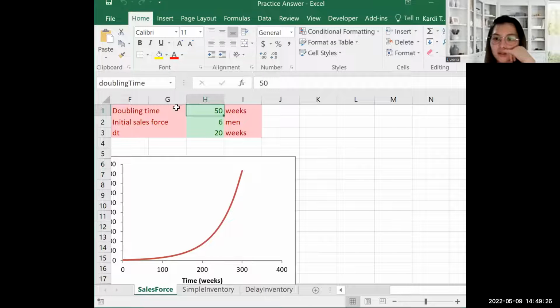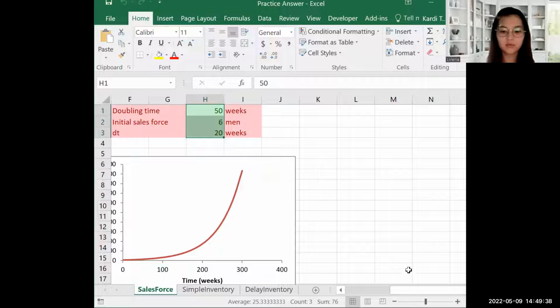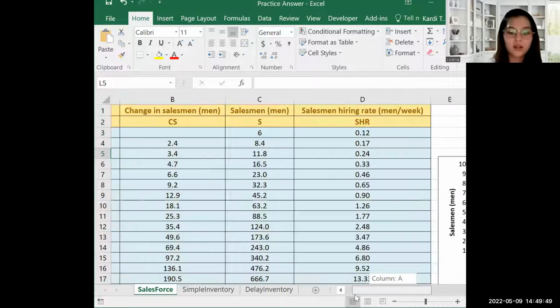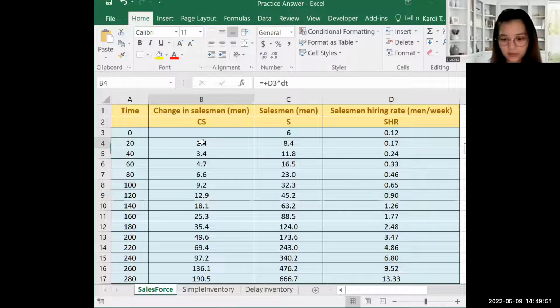So this one, initial salesman 6, right? And then dt, right? So this one you need to input. So let me put it as below so that I know this is an input. And then from there, this one is multiplied by dt.